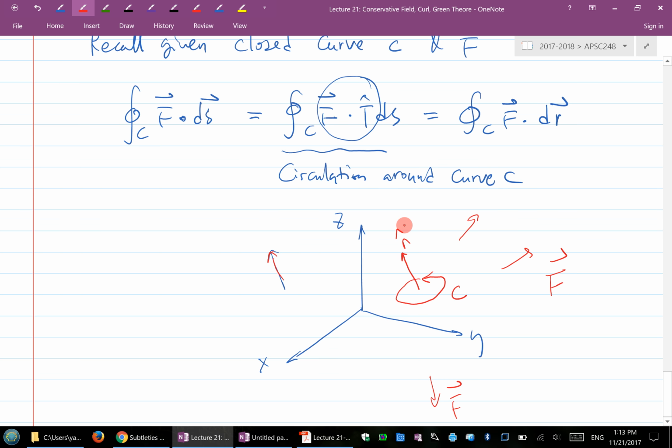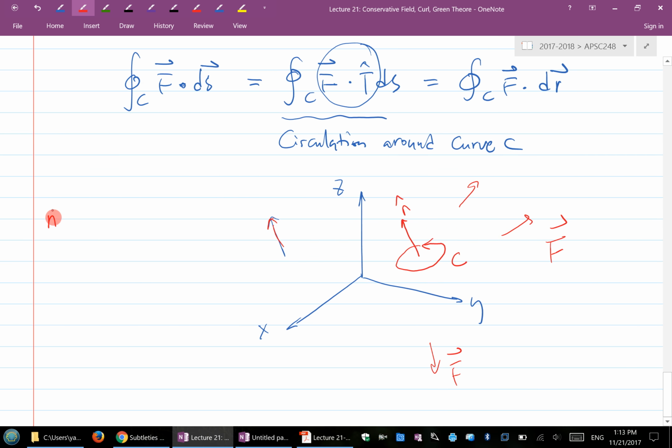So n hat is perpendicular to the area enclosed by curve C. That's the relationship between n hat and the curve C here. So curve C encloses a certain area. Let's call this delta A, the area.